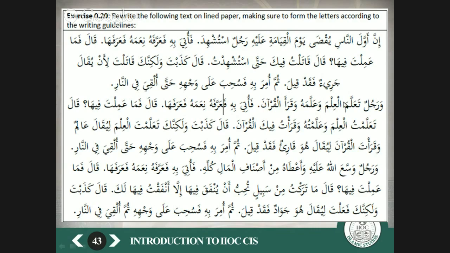The second person is someone who learned knowledge, studied Arabic and studied the Quran and read the Quran and taught the Quran even. And this person only did it in order to be shown amongst the people for pride reasons, to be popular, and therefore they're going to be thrown into the fire. And the third person is the one who donated a lot of wealth and donated a lot of money, but they did it so that people would call them generous. And the intention was wrong, and they were hypocritical, and therefore they're also going to be there.